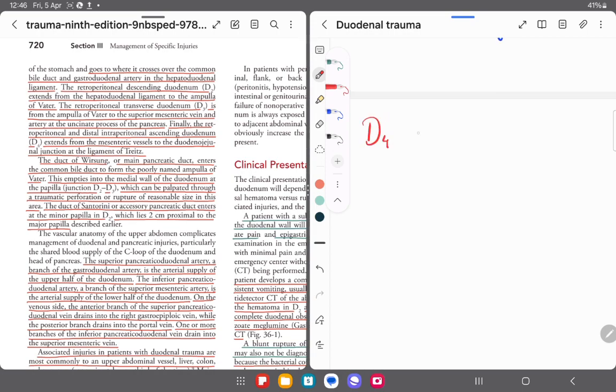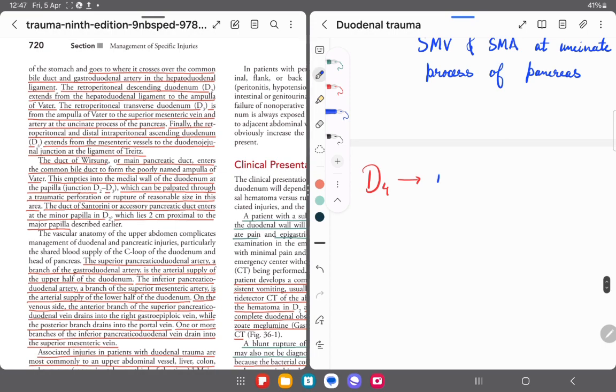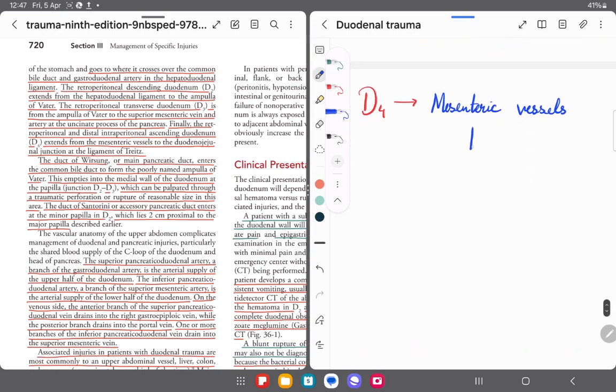Then we have D4. D4 extends from the mesenteric vessels, that is SMA and SMV, to the duodenojejunal junction at ligament of Treves.